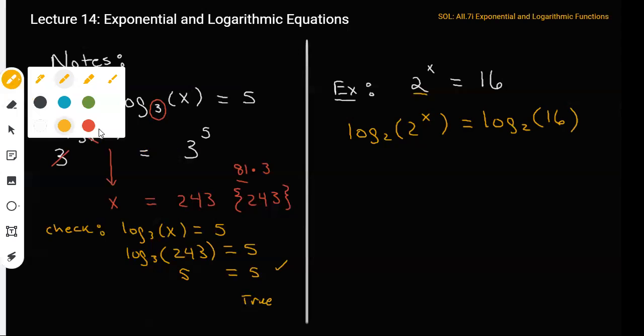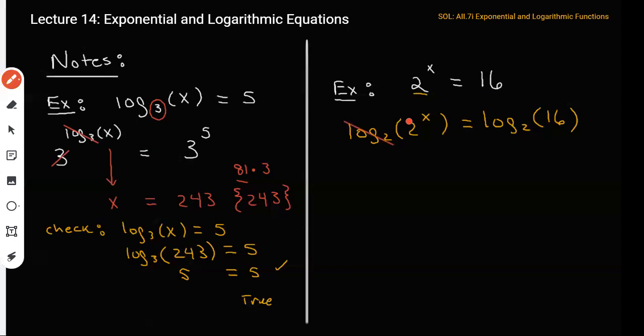Okay? And then what happens on the left side? The 2's are going to cancel each other out. So the log base 2 and the exponential base 2, they're gone. And then what am I left with? I'm left with the exponent of x. I have to bring that down.